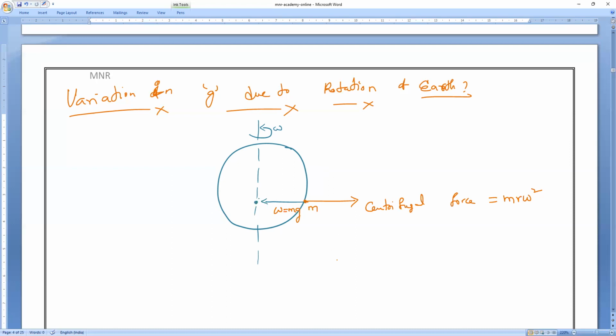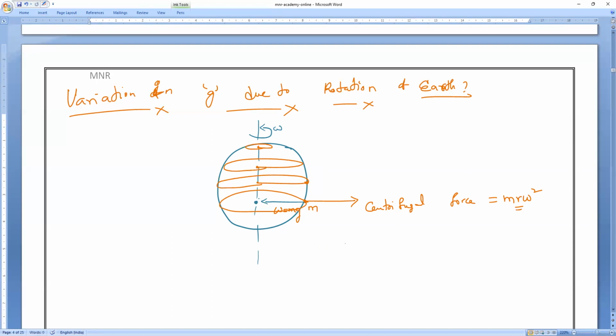Now if I take this particle, it keeps on rotating like this, on the surface. If I take this particle, it will rotate like this. If I take the particle here, it will take a long distance to make it. Now, in all these cases, do you think this r remains constant or varies?